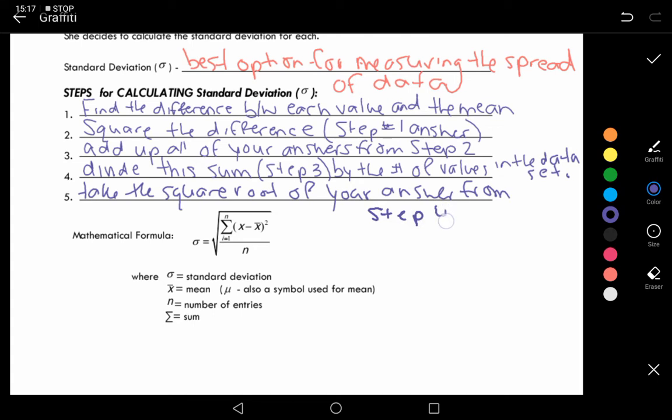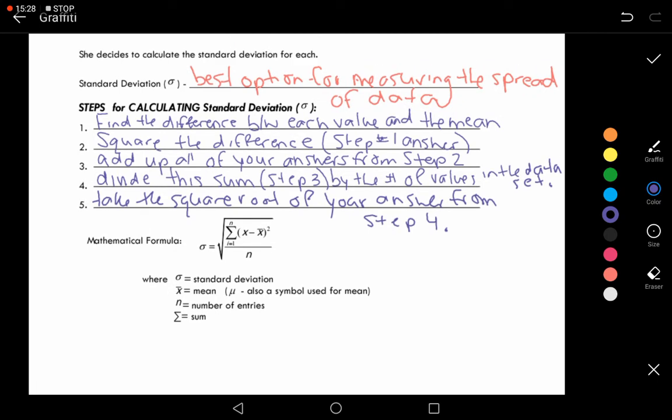Okay, so that is dense, right? That's a lot of steps to find this standard deviation. So just make sure when we're going through this, you have that in front of you so that you can follow it. Underneath all of those steps, you can see the formula. That little symbol out front stands for standard deviation.